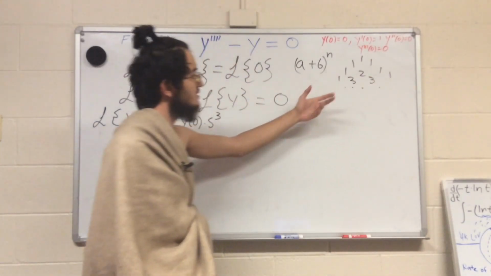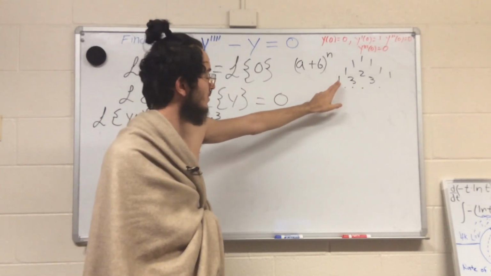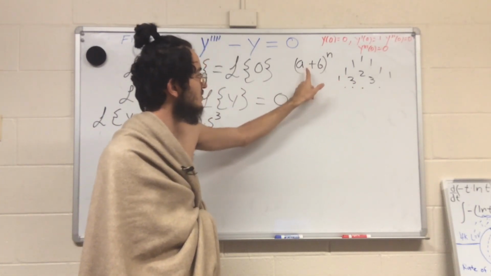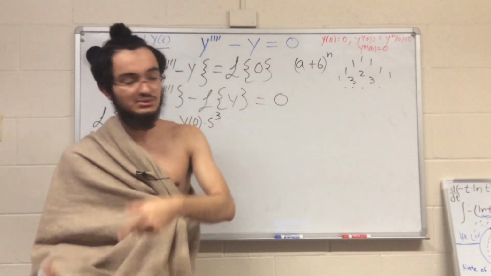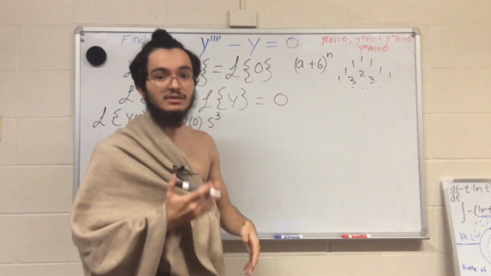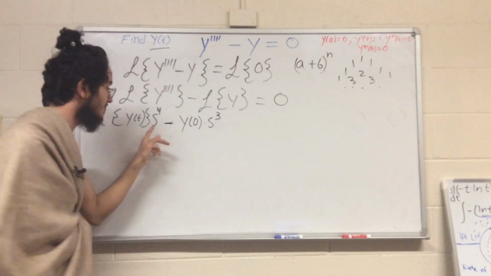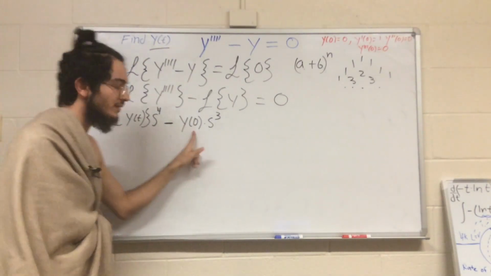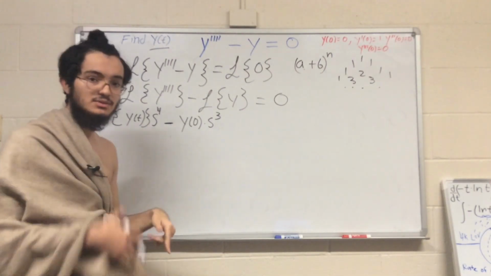As you can see, the powers of the first term decrease from n to n minus 1 to n minus 2, and so on, while the powers of b increase as the powers of a decrease. So over here, the analogy is the powers of y of 0 start to increase by 1, while the powers of s start to decrease by 1.